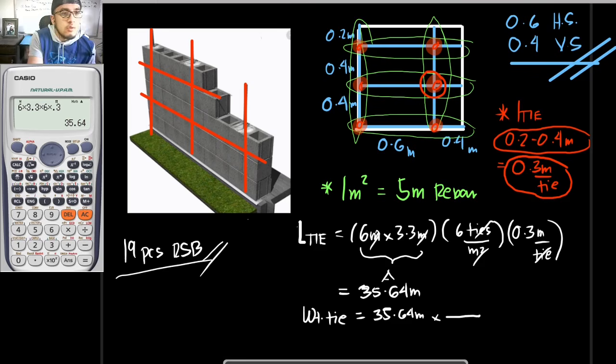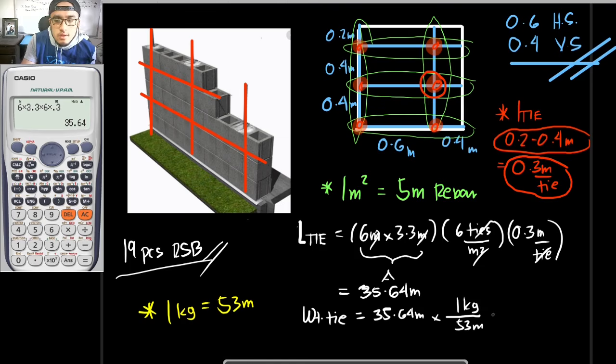Guys, take note: 1 kilogram of ties is equal to 53 meters of GI wire. Our conversion factor would be 1 kilogram per 53 meters.